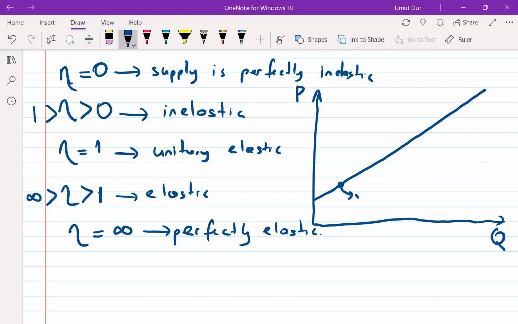Okay, at this point, let's say this is X1 and this is X2. Okay, so we are interested in the supply elasticity at X1, and we are also interested in the supply elasticity at X2. Okay, so do you think that they will be the same?